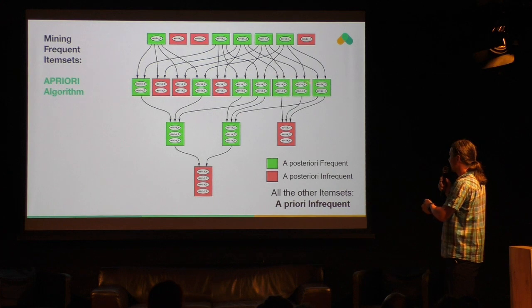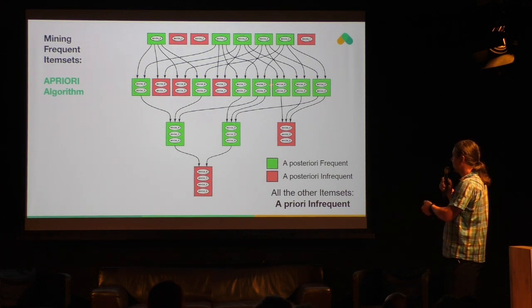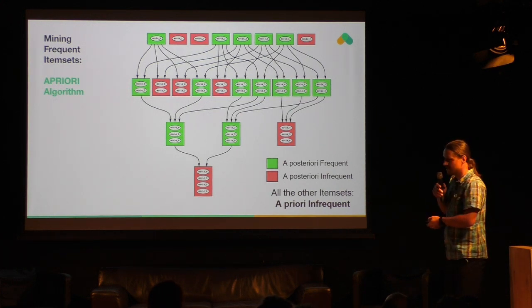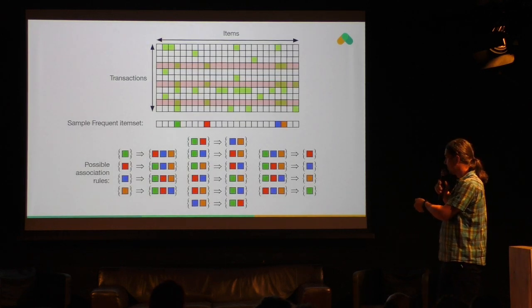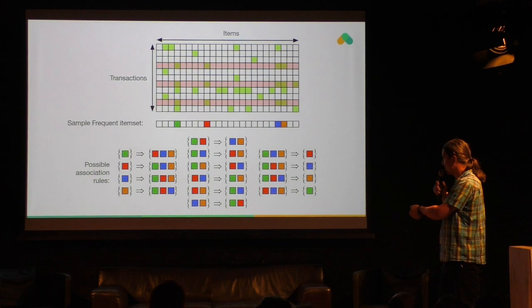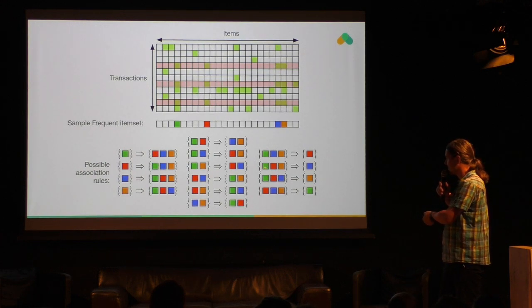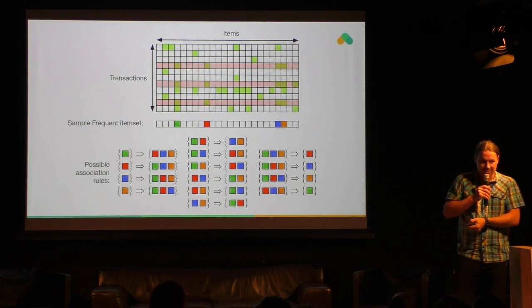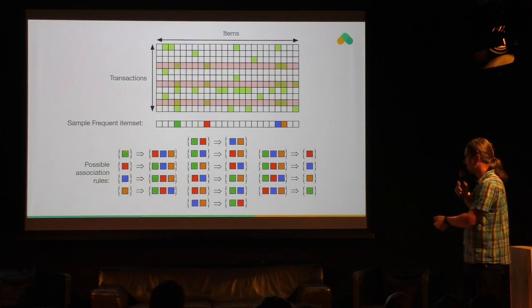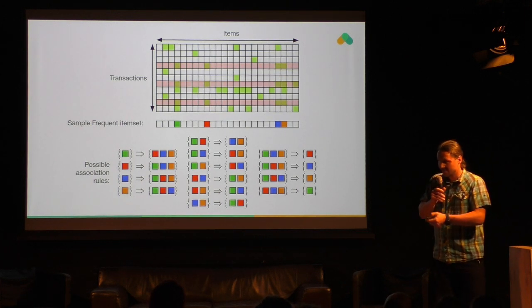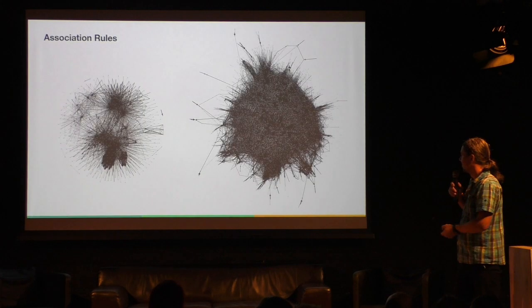So you can prune this tree and focus on just frequent item sets. From frequent item sets, you can generate the possible association rules. And from these association rules, you can recommend: when you have some movie in a history, you can recommend other movies.